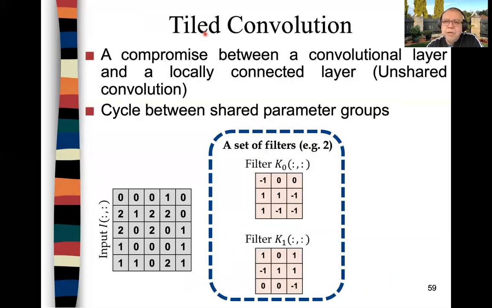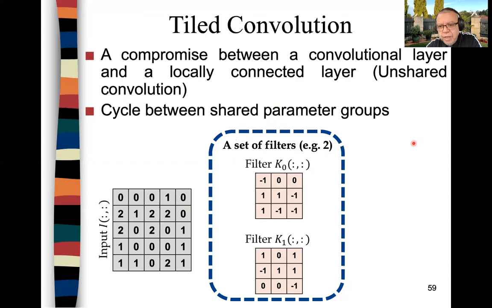Another type of convolution is the tiled convolution, which is a compromise between a standard convolution and the unshared convolution, sometimes also called locally connected convolution. In this case, instead of having a large number of filters, you just have a set of filters. For example, here we have just 2 filters, K0 and K1, and we cycle between these shared parameter groups.